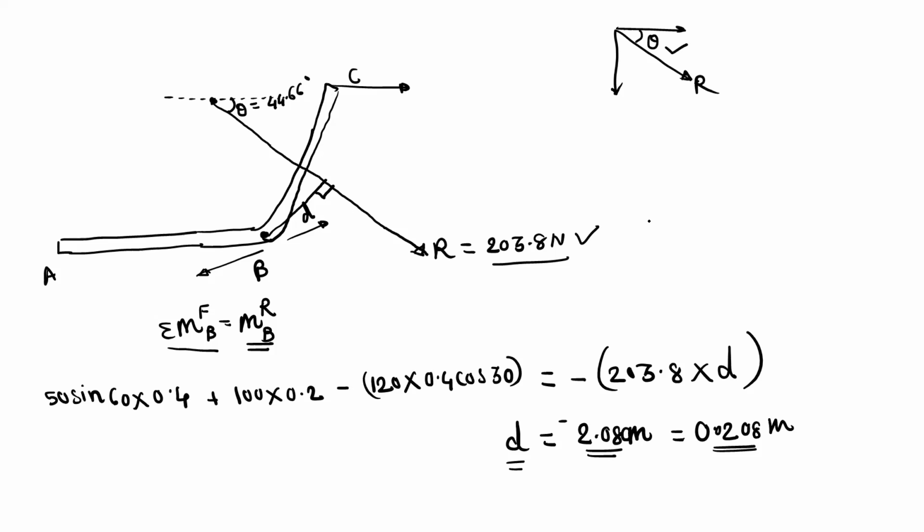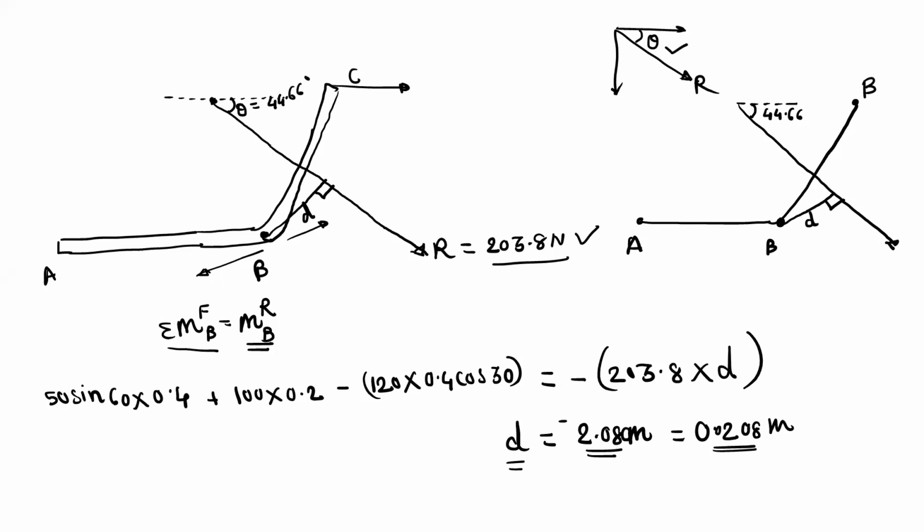So for that, this is the lever, this is point A, this is point B, and this is the resultant, like this. With respect to point B, we have this perpendicular distance, so this distance is D. Now this angle is 44.66.